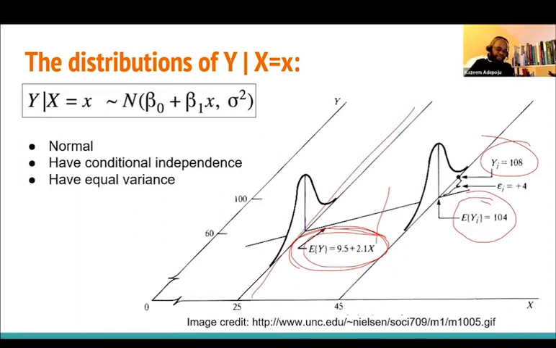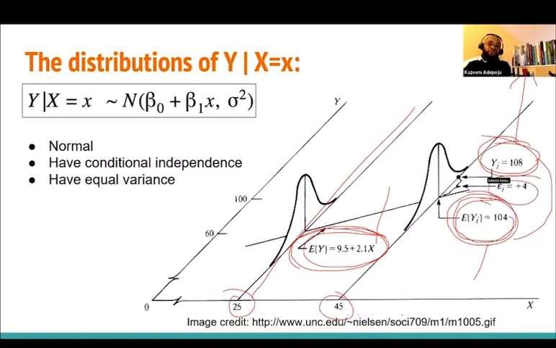Look at that, there's a shift from 25 to 45. When you take a look at this, the expected value of y equal to 104, and y equal to 108 is probably the actual value. Y equal to 104 is more like the predicted, the average value. Now, what is the difference between 108 and 104? It is 4, which means 4 is the error.